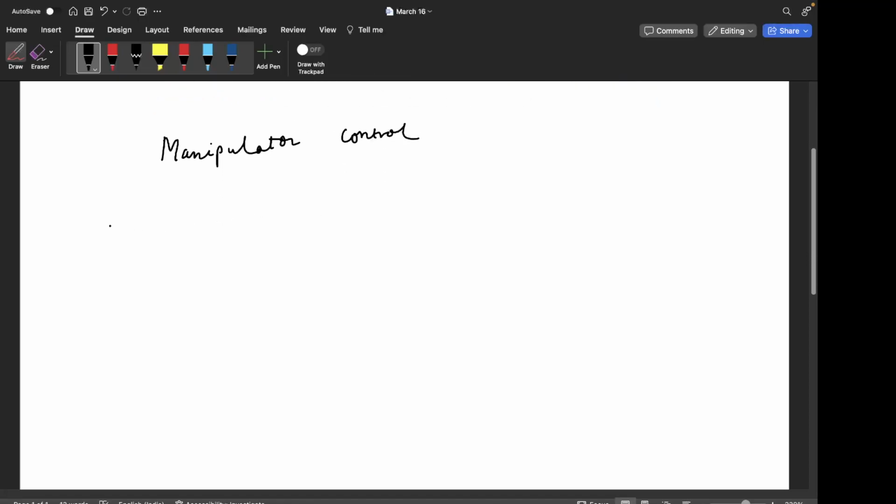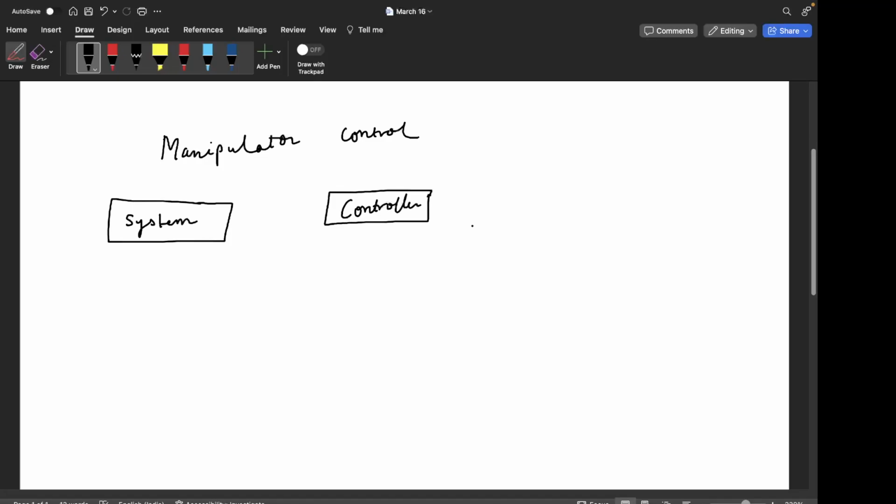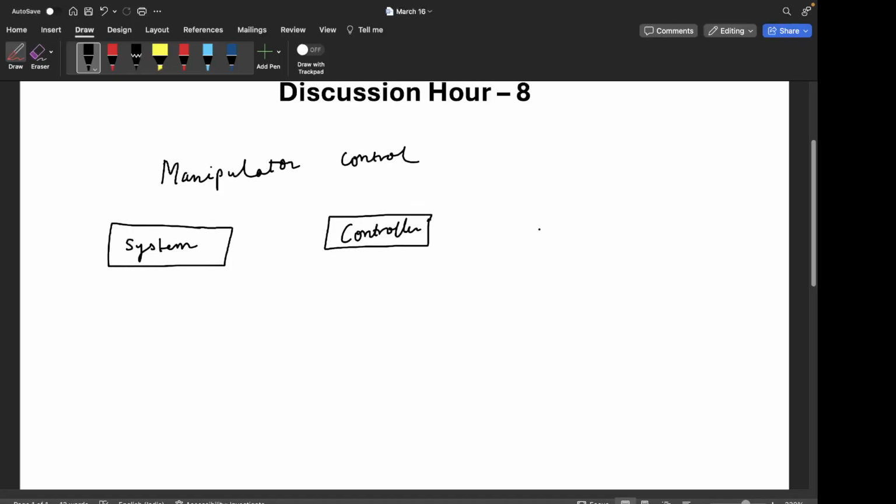A few terms that we will regularly encounter in discussions about control: first is the system. Then there will be a controller, which basically has the whole control algorithm inside it.